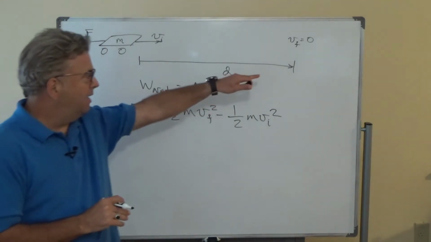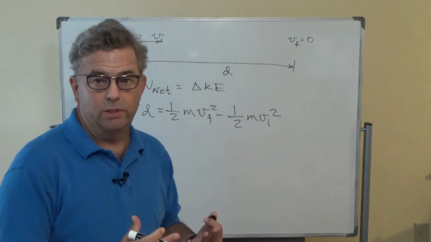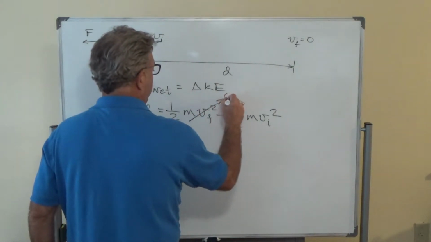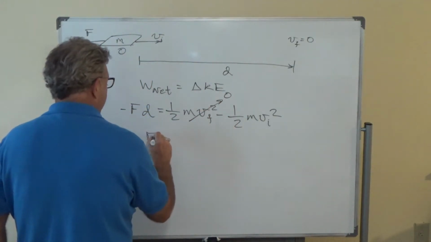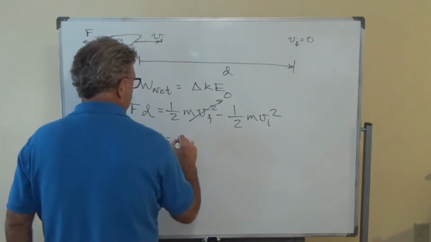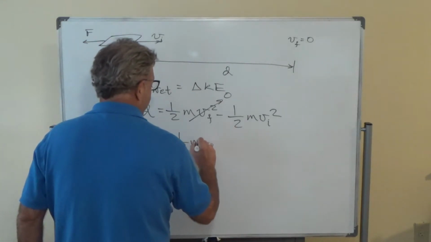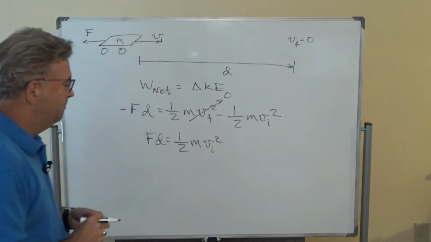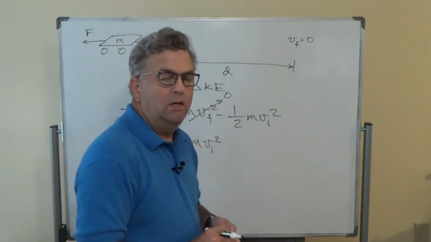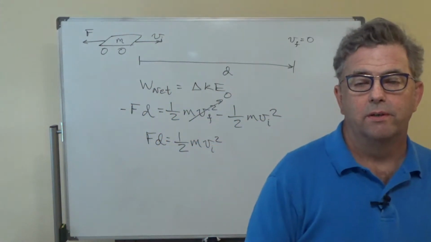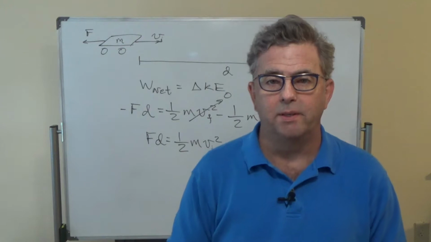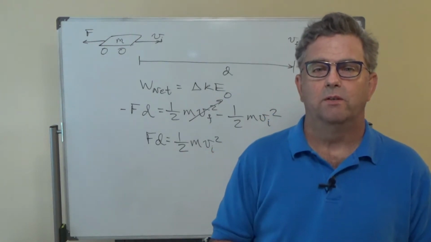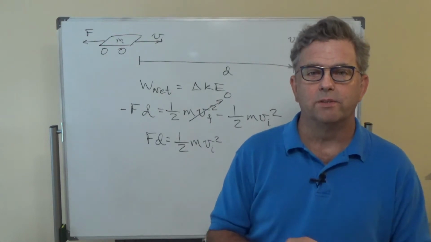But in our case, it's coming to a stop. So v final is equal to 0. So this says that Fd is equal to 1/2 m v initial squared. So if I know the force, then I can calculate the stopping distance. This is what engineers do when they're engineering brake systems and so forth.